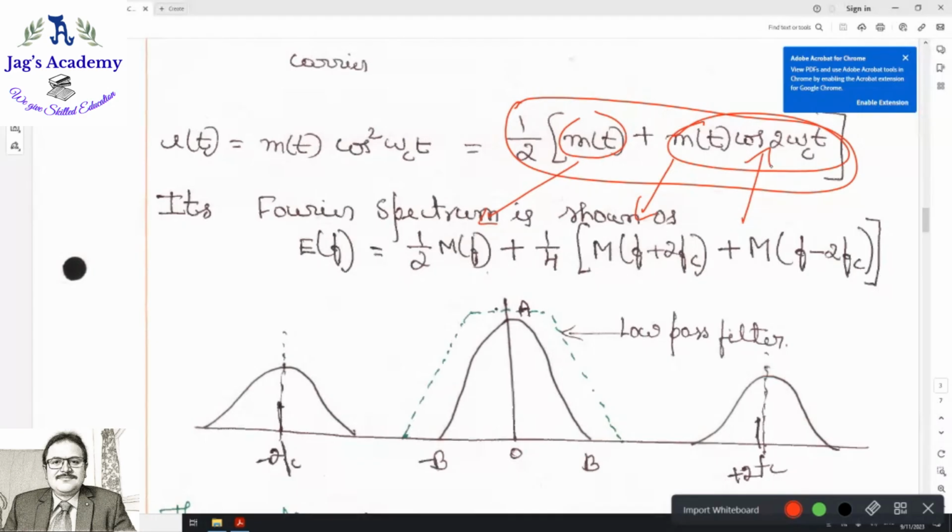Using the shifting property. How to calculate this is very important, you are supposed to know this. You may get some questions based on that.